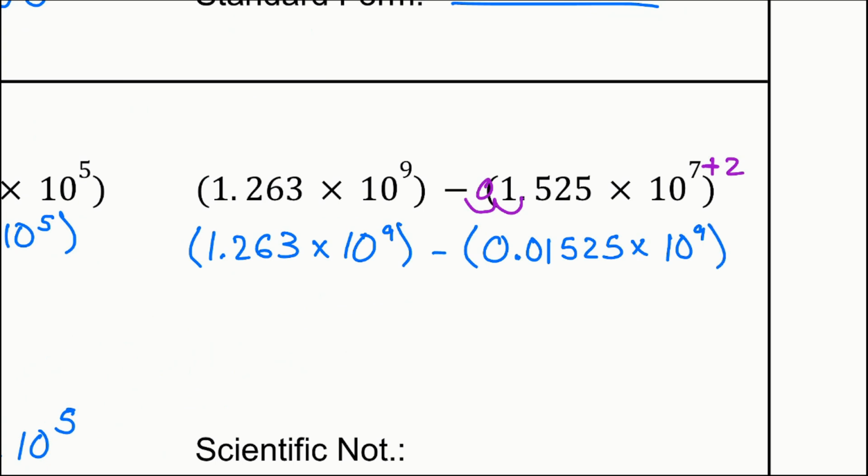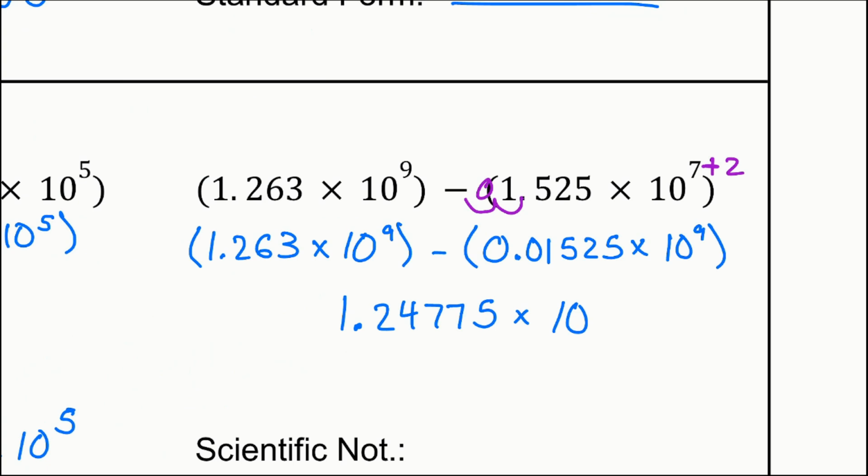Okay? So I know that I'm going to keep my 10 to the 9th just because I don't know how long this is going to be. I'm going to do my subtraction with my front factors first. So 1.263 minus 0.01525. Heck yeah. So this gives me 1.24775.